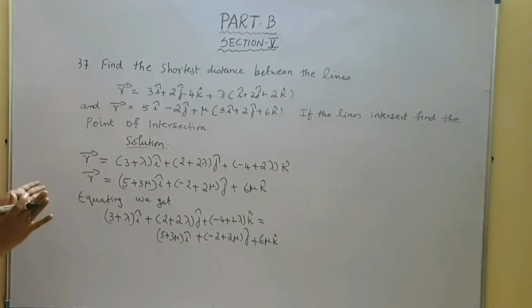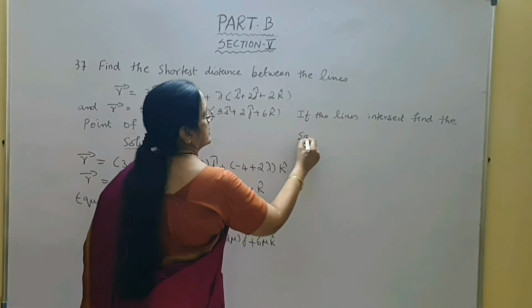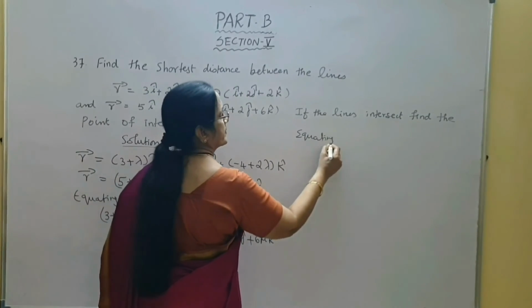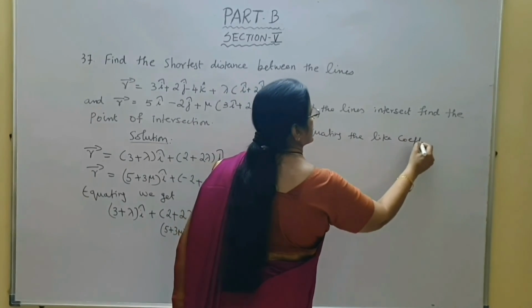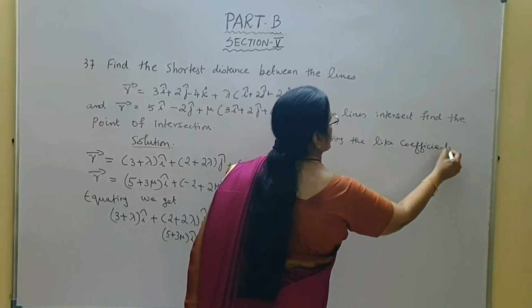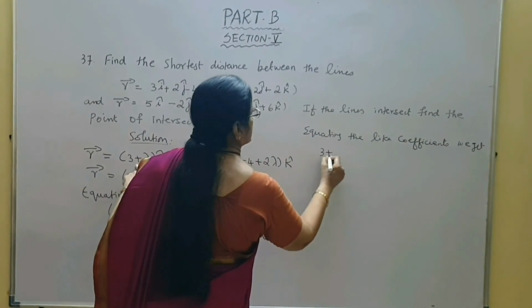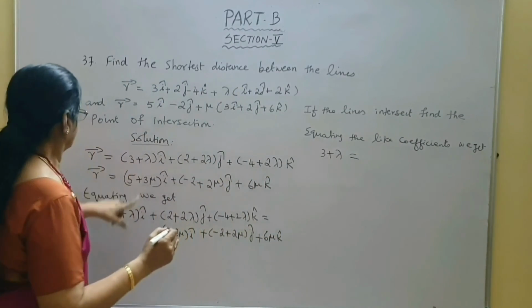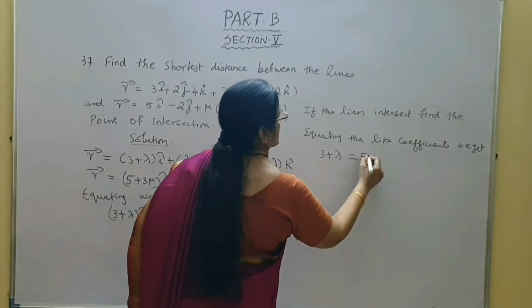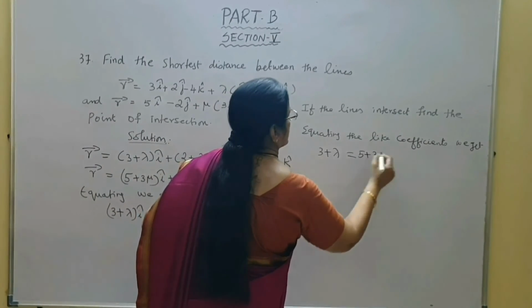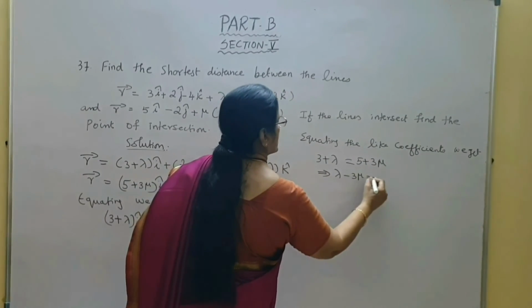Now, equating the like coefficients, we get 3 plus lambda is equal to 5 plus 3 mu, which implies lambda minus 3 mu is equal to 2.